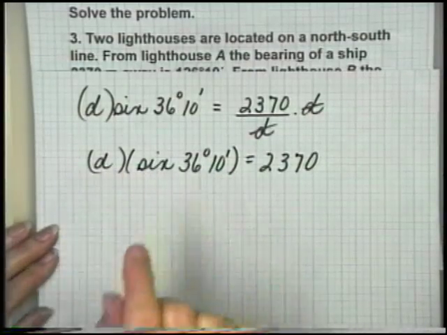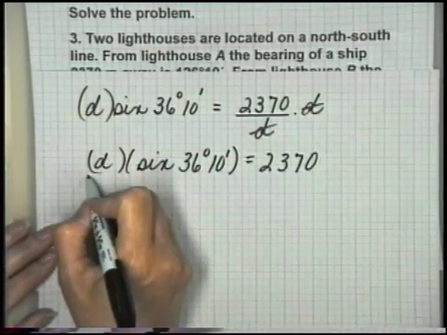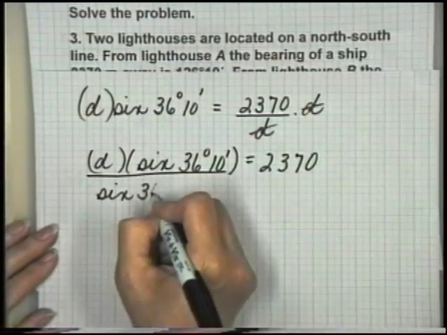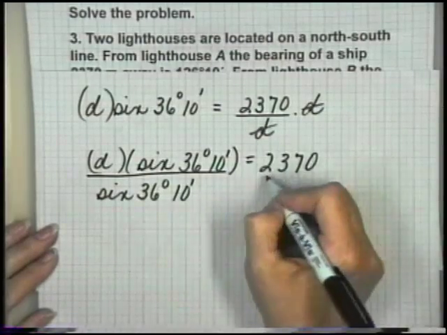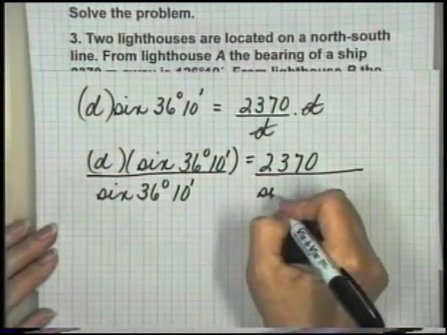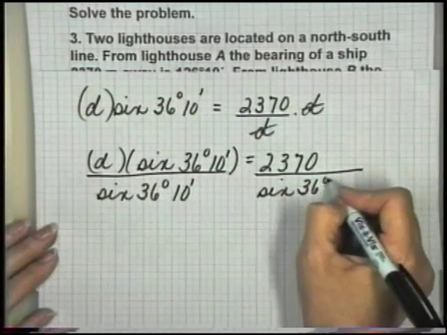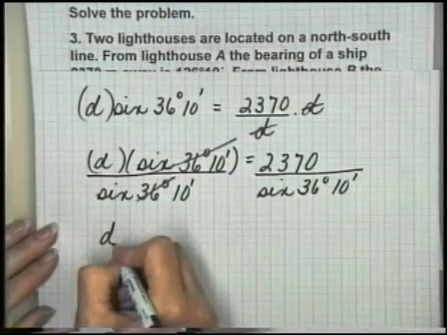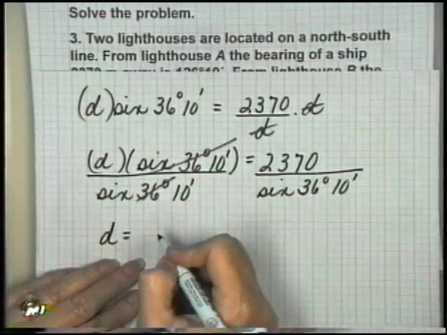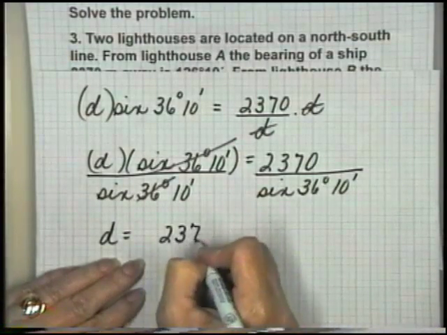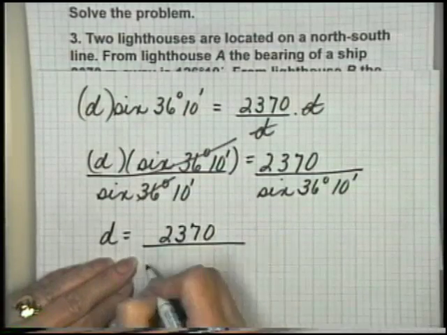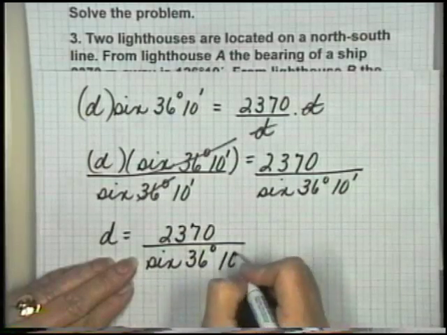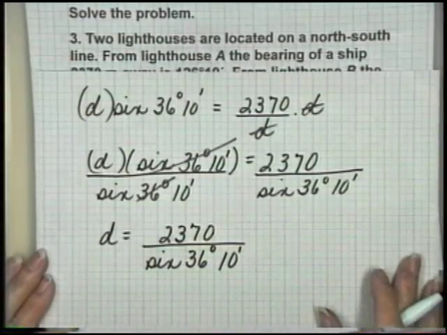To undo multiplying D by the sine of 36 degrees 10 minutes, I'll divide both sides of the equation by the sine of 36 degrees 10 minutes. These divide to 1. So to calculate D, I have to take 2,370 and divide it by the sine of 36 degrees 10 minutes.